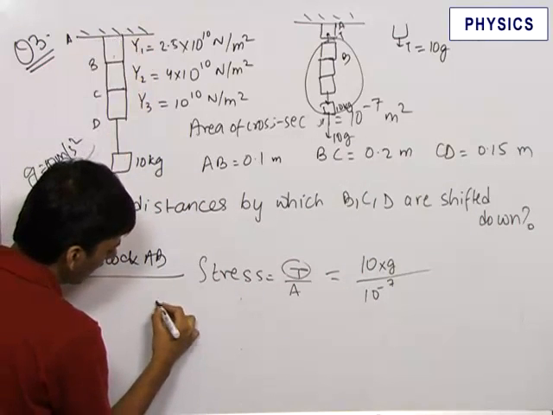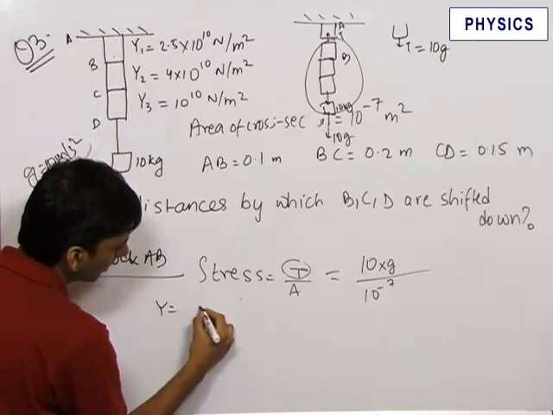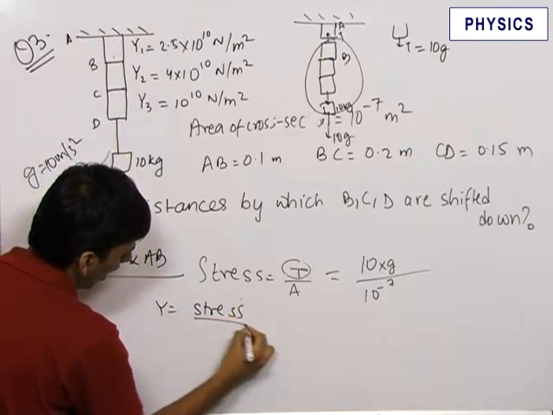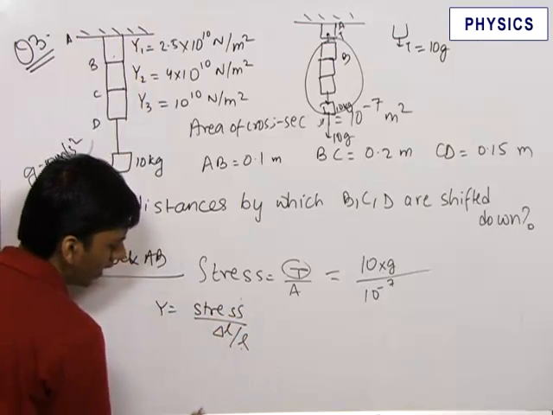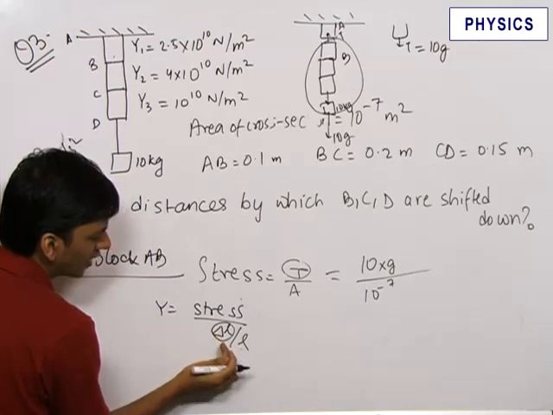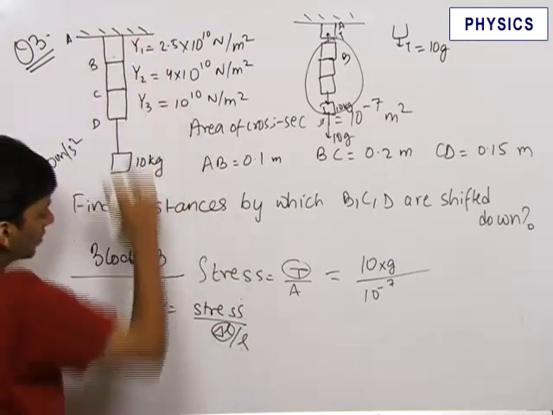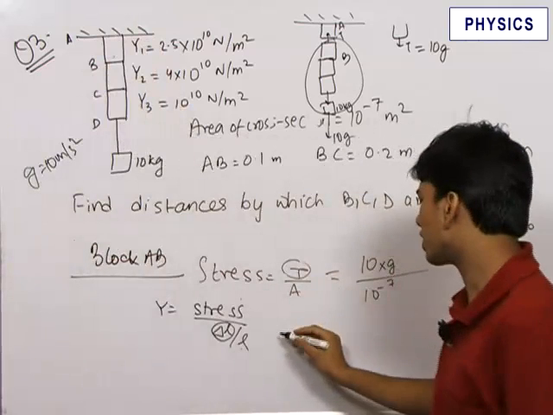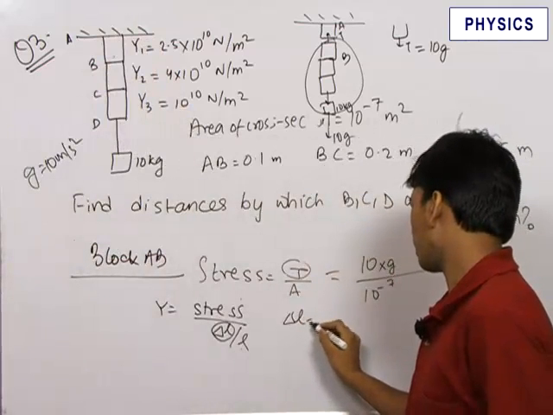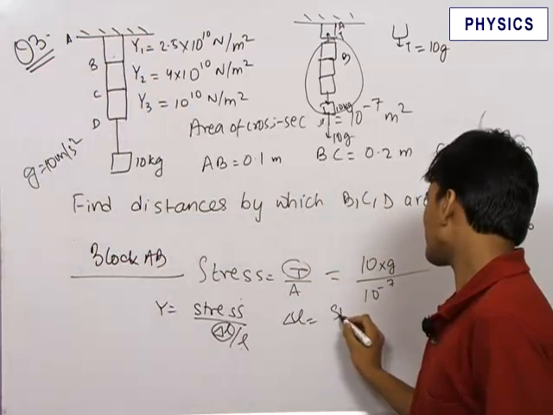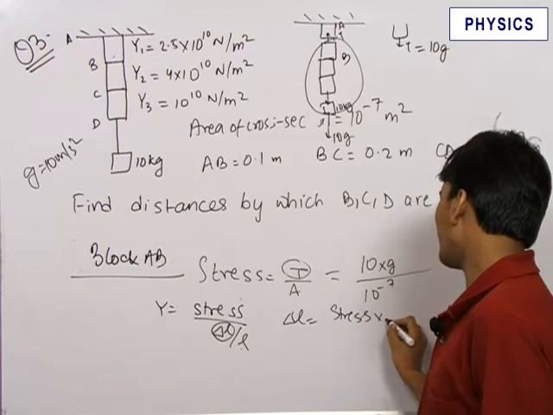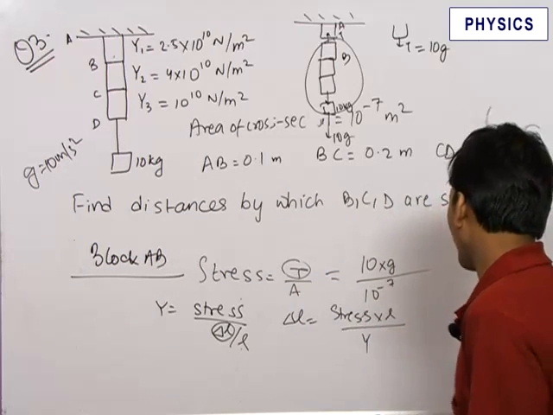We can write Y is equal to stress upon strain, that is stress upon delta L upon L, where delta L is the change in configuration and L is the original length of this block. Therefore, delta L comes out to be stress into L upon Y.